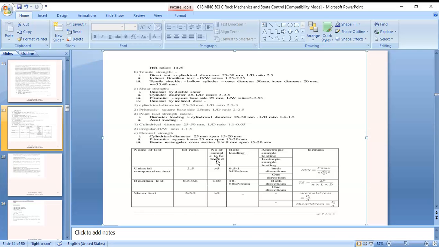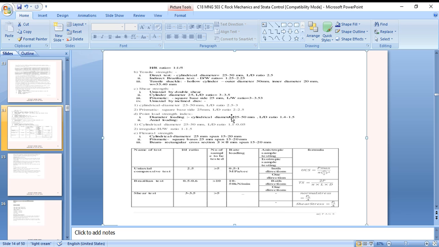So this table is giving the complete idea. For the uniaxial compressive test, the L by D ratio, how much is required, and also for the Brazilian test and shear test. Number of samples to be tested: more than 5, more than 10, more than 5. Rate of loading 0.5 to 1 megapascals per second, 10 to 50 kilonewtons per meter. So you see this formula for the calculation purpose.